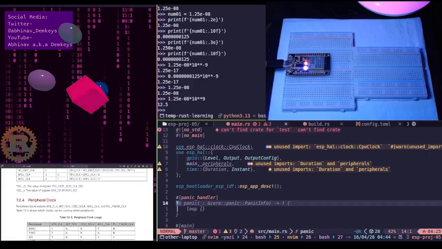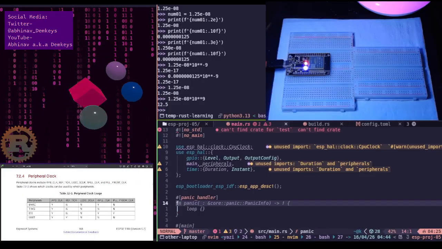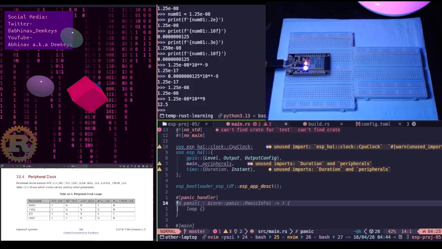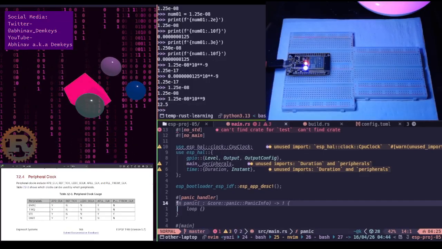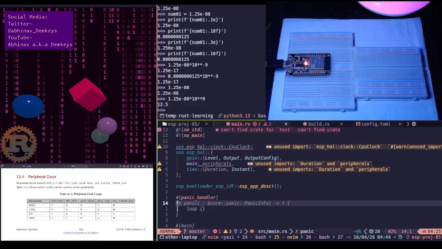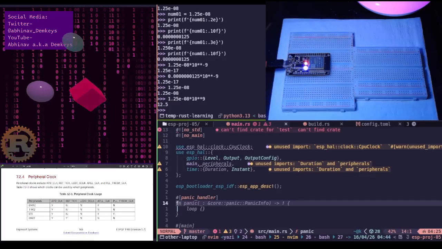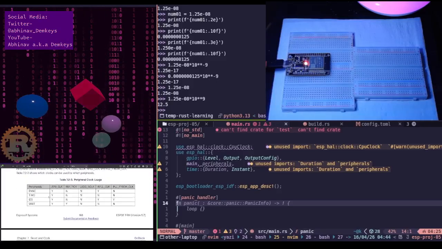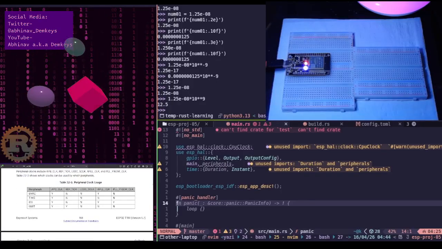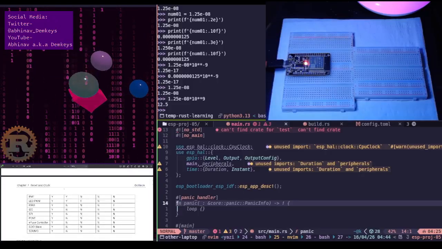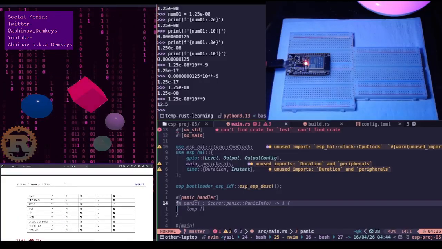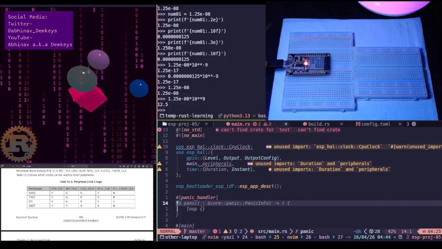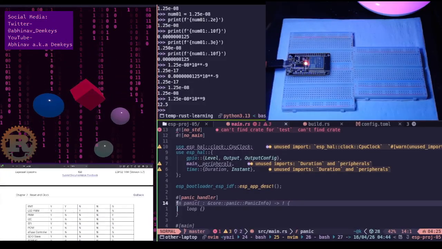Peripheral clocks include APB clock, RefTick, LEDC clock, APLL clock, and PLL F160M clock. Peripheral clock usage: we can use the APB clock for basically anything, and the others can be used for only very specific things. You can't use it for everything.